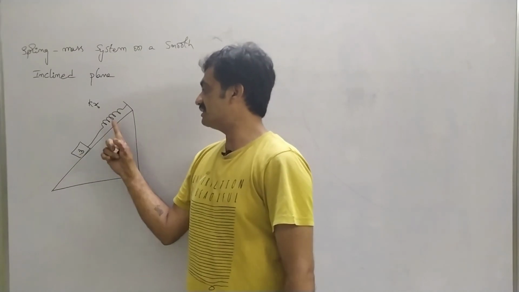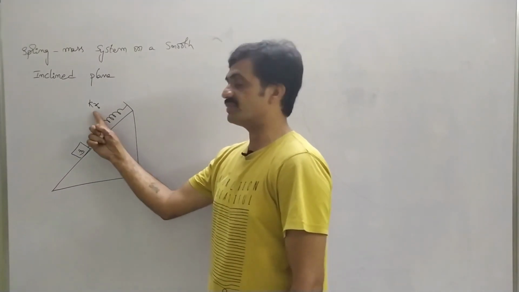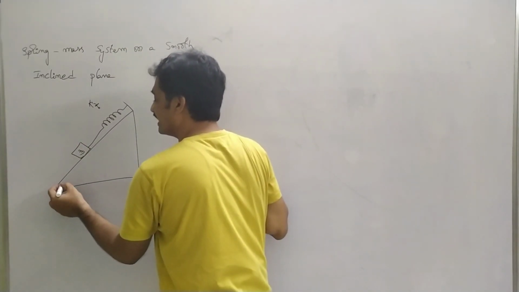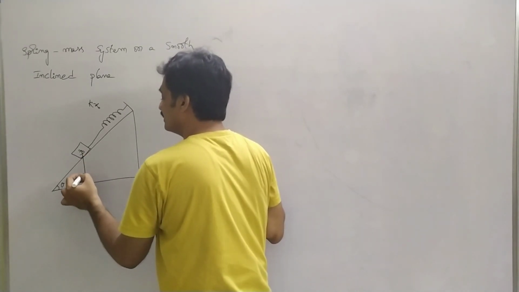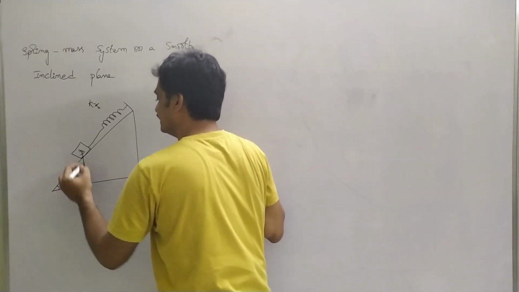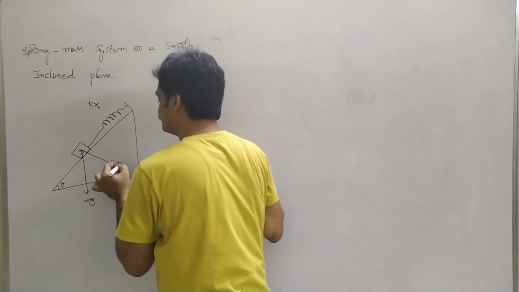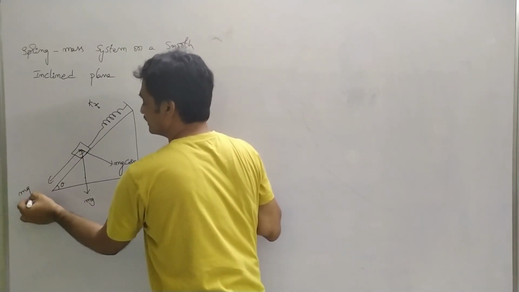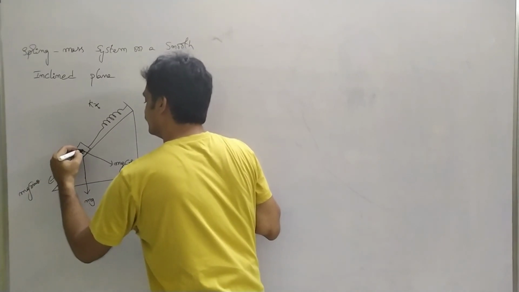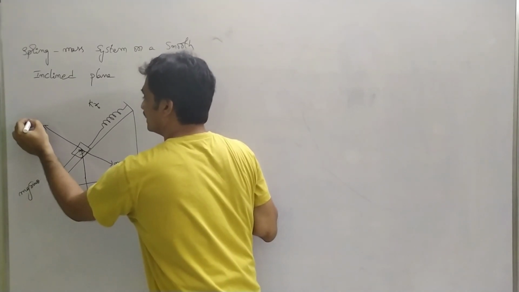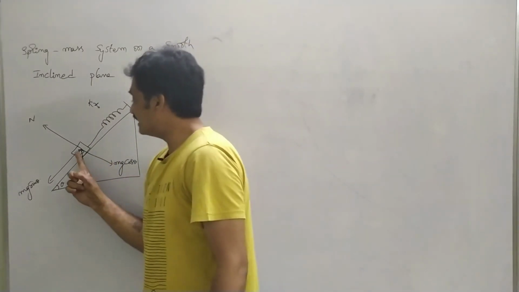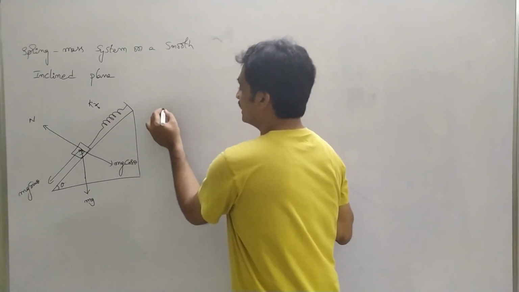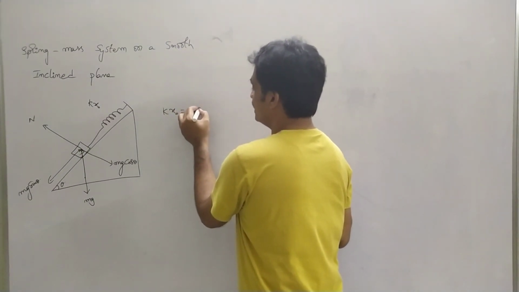Since the body is present on the inclined plane at an angle of theta, the weight of this mass resolves into components mg cos theta as well as mg sin theta. This mg cos theta is balanced by the normal reaction. Observe that at the equilibrium position kx naught is equals to mg sin theta.